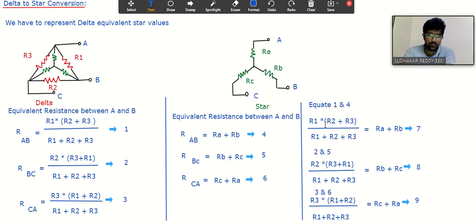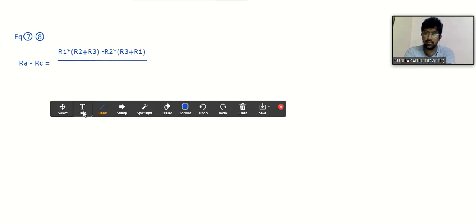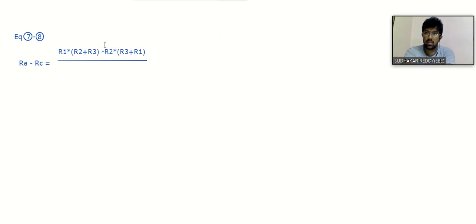we need to separate these two now. That is R1 into R2 plus R3, minus, with the same LCM, R2 into R3 plus R1, divided by R1 plus R2 plus R3.